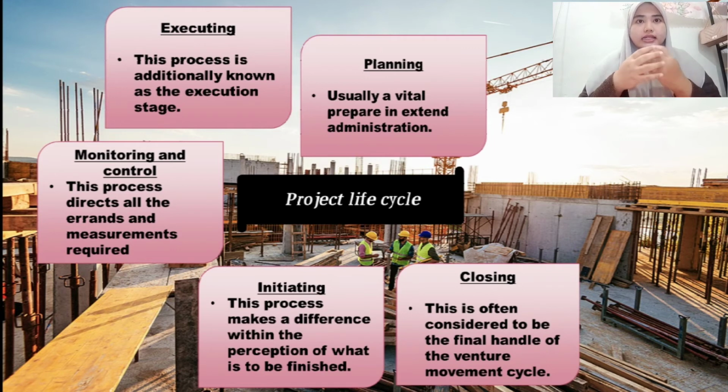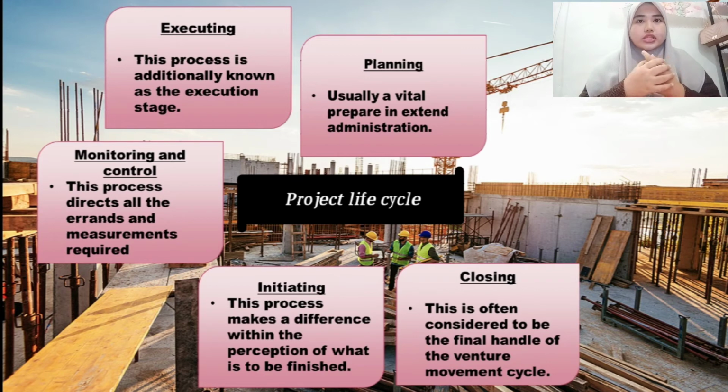But this handle is performed so that venture and programs are not as it were affirmed by a supporting body, but moreover so that projects are aligned with the key goals of the association.